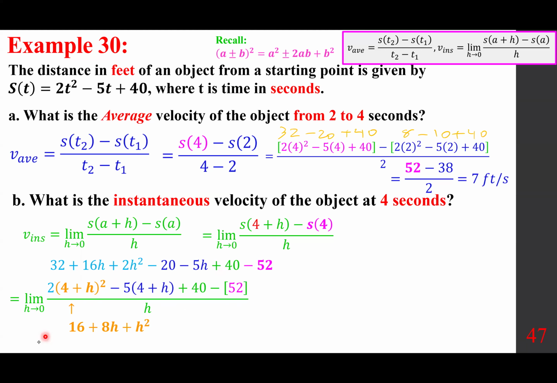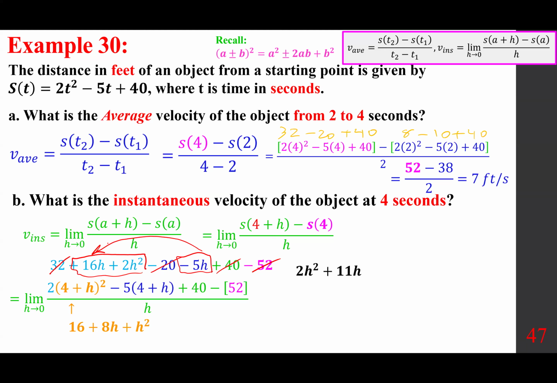Now, I hope you can see that 32 and negative 20 and positive 40 and minus 52, they all add up to 0. So what we have left in the numerator, 16h plus 2h squared minus 5h, and these two add up, we get 2h squared plus 11h.